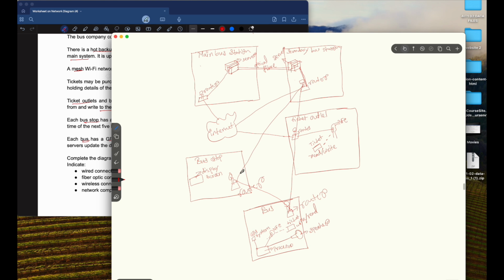So when we connect this way, we don't use the router here, we will use a mesh network here. Okay, the same Wi-Fi mesh network, the same here as well.